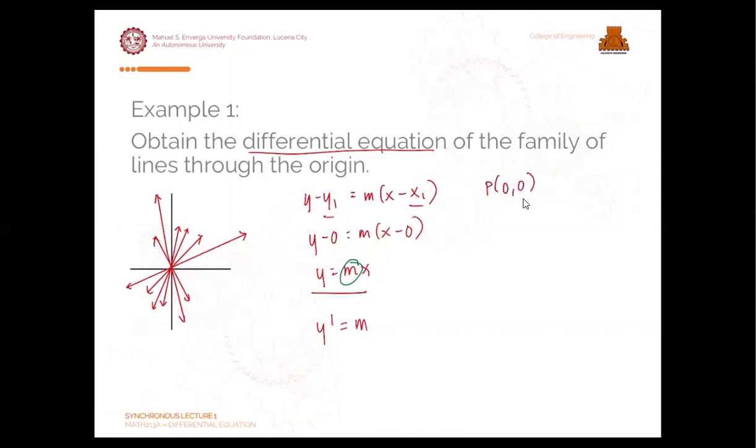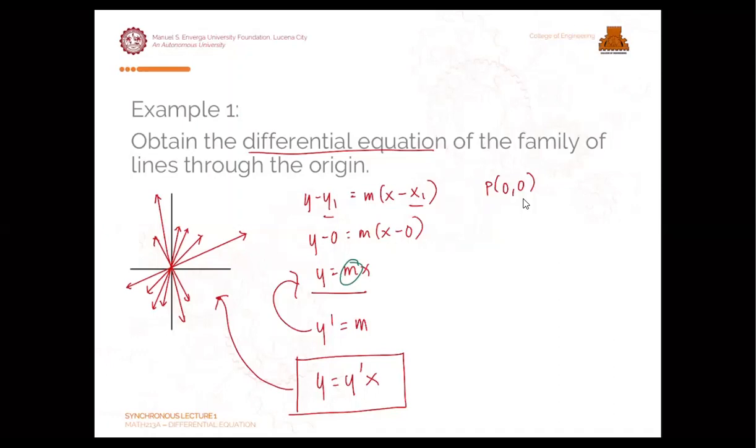So, substitute lang natin to dun sa solution natin. So, dito, ibig sabihin, so we have y is equals to y prime x. So, ito na yung differential equation na hinahanap natin. So, this particular equation represent yung lahat ng lines na pwede mag-pass through dun sa given condition na yun. Okay? So, yun yung purpose ng mismong family of curves na topic.